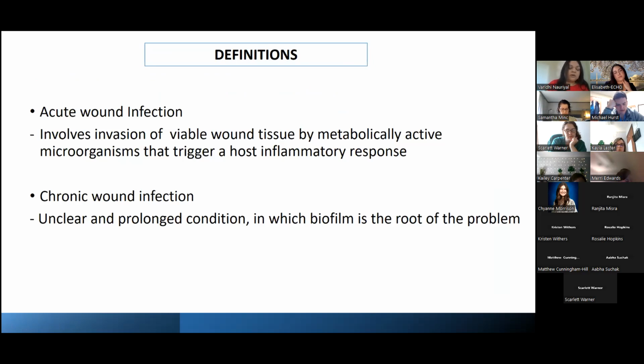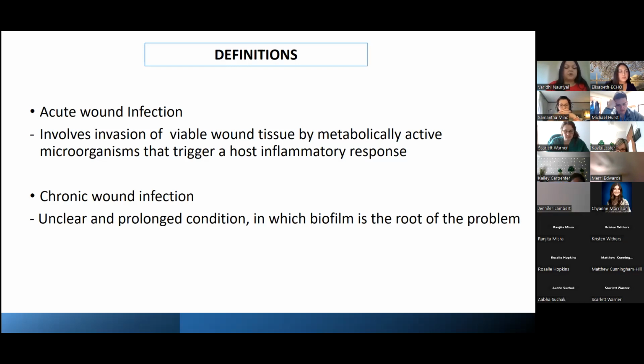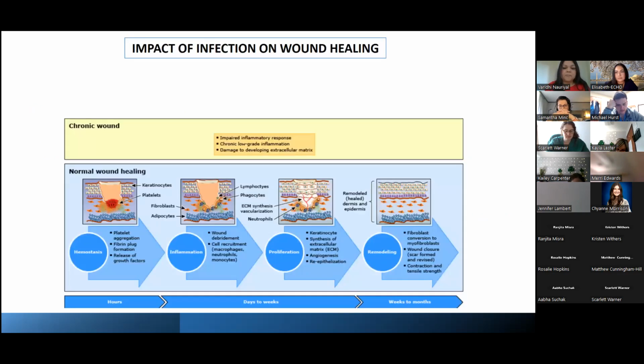An acute wound infection involves invasion of viable wound tissue with metabolically active microorganisms like bacteria or fungi that trigger a host inflammatory response, as opposed to a chronic wound infection, where there's an unclear, prolonged condition, and biofilms tend to play a pretty big role in these infections.